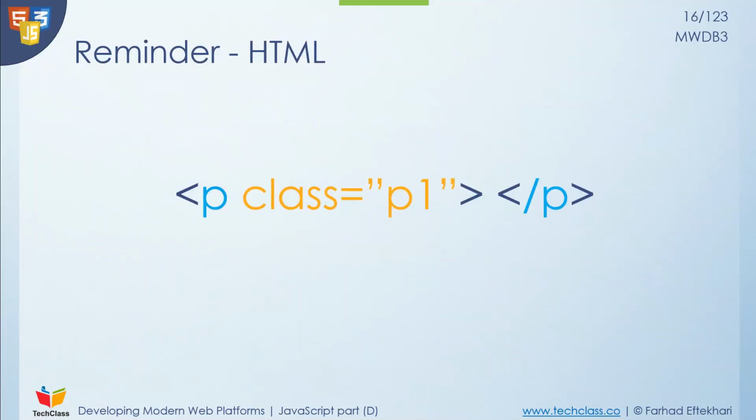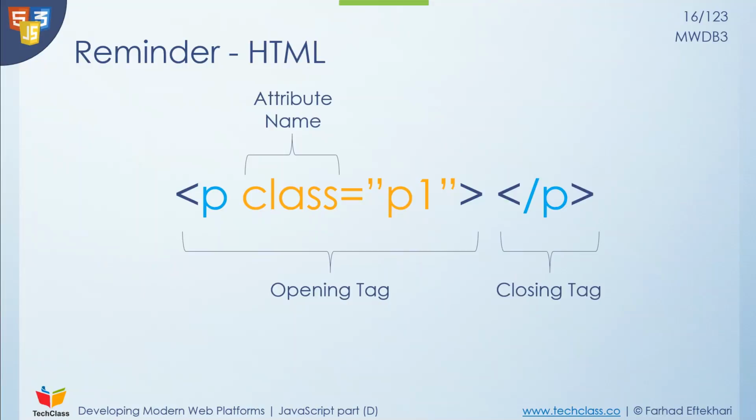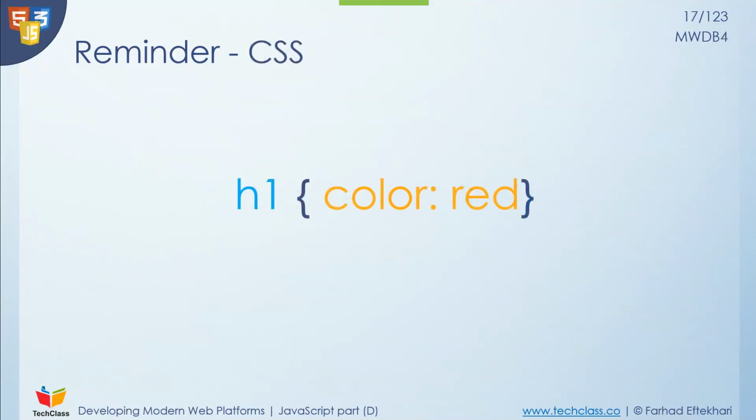And as a reminder, here is an HTML tag where you can see how to open and close an HTML tag and how to access the attributes of the HTML. Here is the opening tag, if you recall, of course you recall, and here is also the closing tag of the HTML element or tag. And then we have the attribute name and attribute value.